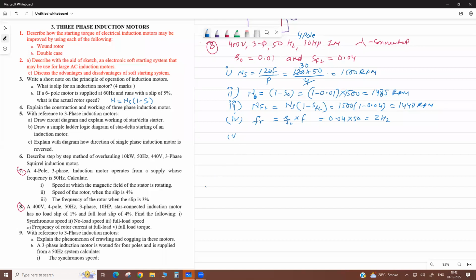Then the fifth part also asks for full load torque. So you know the motor output at full load is the rated capacity, the nameplate rating is the output.